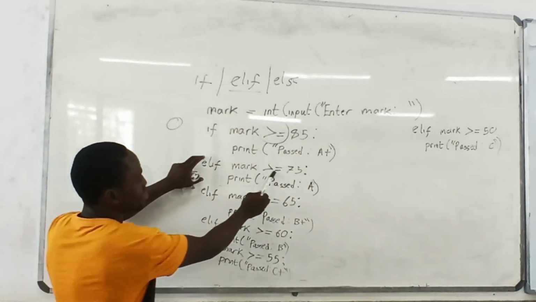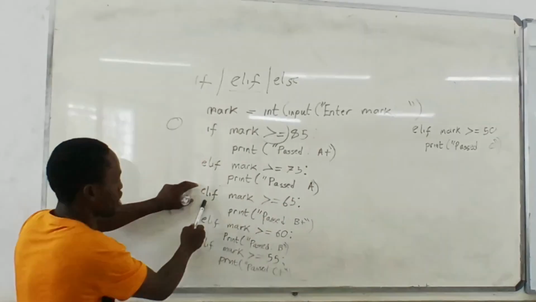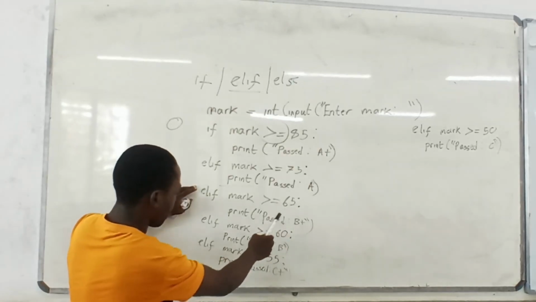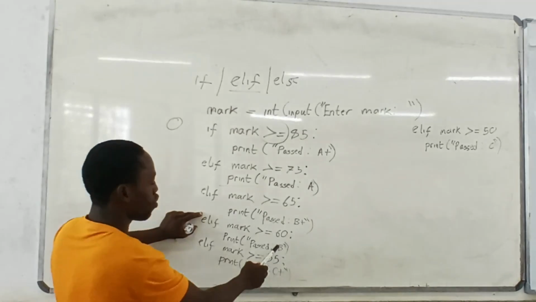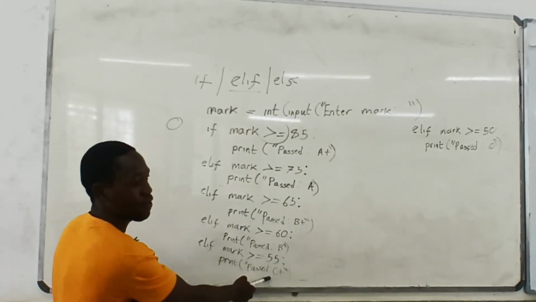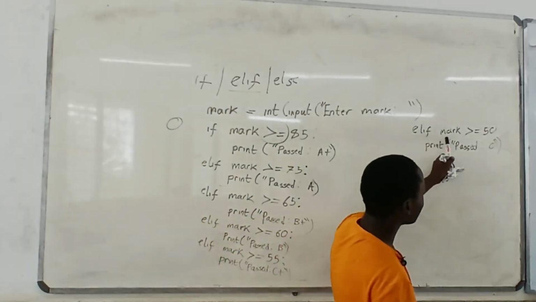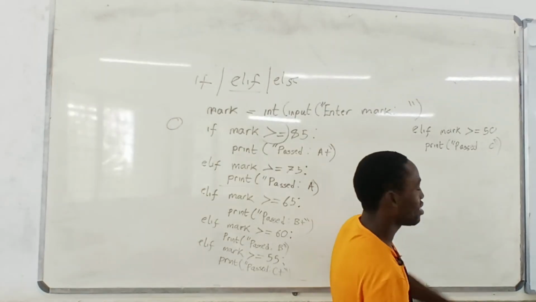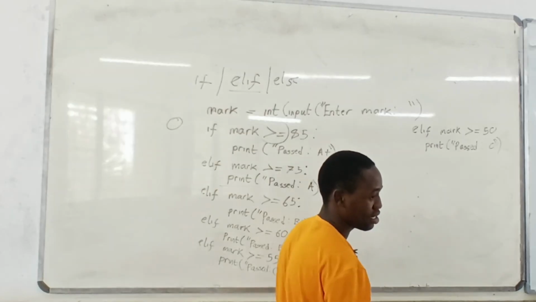Is 0 greater than or equal to 75? No. It goes to the next one. Is 0 greater than or equal to 65? Still no. Goes to the next one. Is 0 greater than 60? No. Is 0 greater than or equal to 55? No. Goes to the next one again. Is 0 greater than or equal to 50? No. And if we have more statements, it will keep checking until it reaches the end.